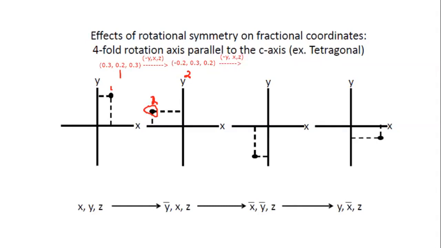The new x is the negative of the y, so that'd be negative 0.3, negative 0.2, 0.2. That puts us in the third quadrant right here. Then we're going to do another fourfold rotation, so this is 0.3. We're going to do another 90-degree rotation.